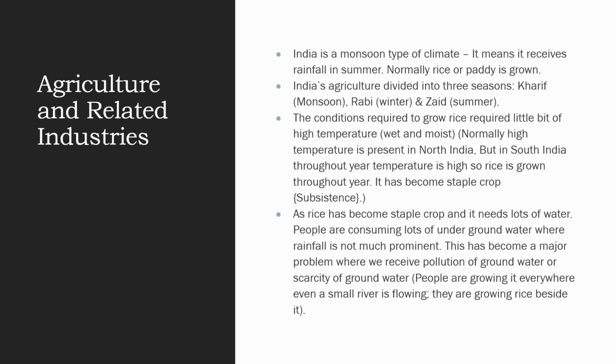This rainfall season is in the context of rice and paddy growing. Rice crops need lots of water, waterlogging is required, and saplings are required. This is the process for growing rice. India's agriculture is divided into 3 seasons: Kharif season, Rabi season and Zaid season. Kharif is your monsoon season, from June to November.